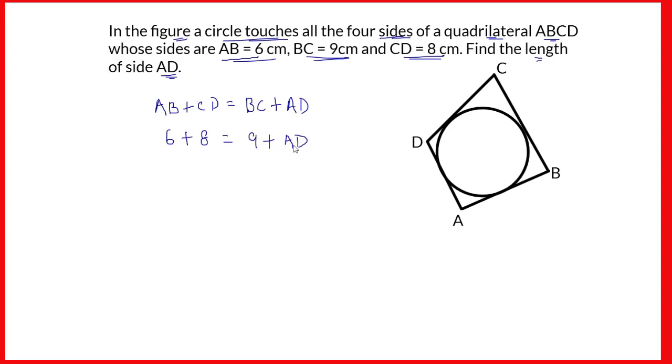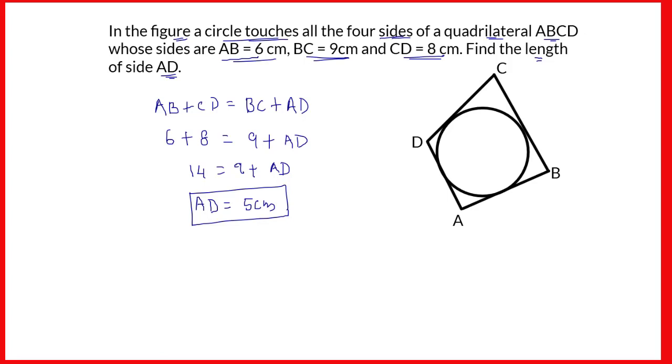So 8 plus 6, that will be 14, which is equal to 9 plus AD. And if you take 9 to this side, it will be 14 minus 9, that will be 5, and therefore AD is equal to 5 cm. Highlight your answer, AD is equal to 5 cm.